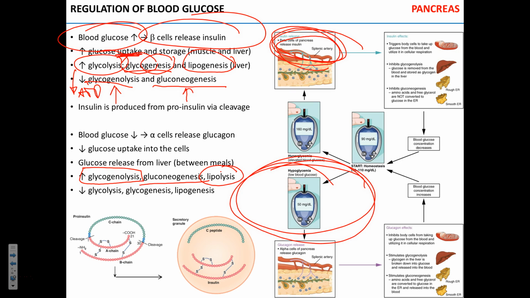All that glycogen that was stored after the meal is now broken down to produce glucose. Fat that was formed is broken down to indirectly make ATP. And gluconeogenesis is the process in which your body makes glucose from scratch, usually from amino acids. Okay?